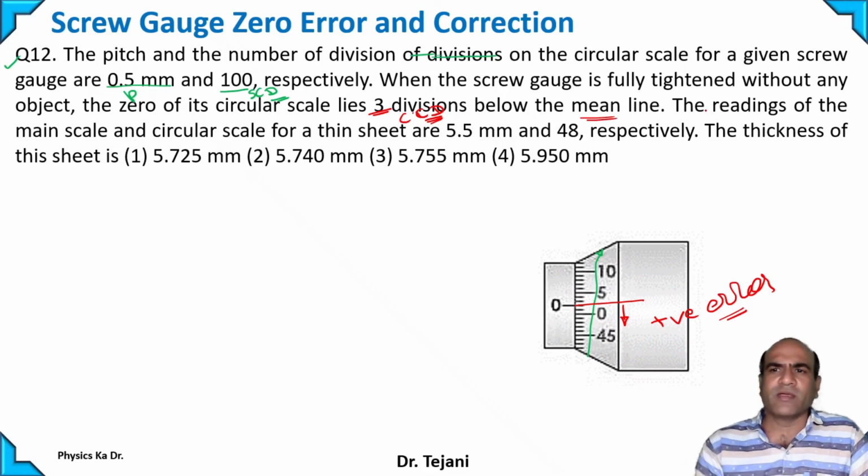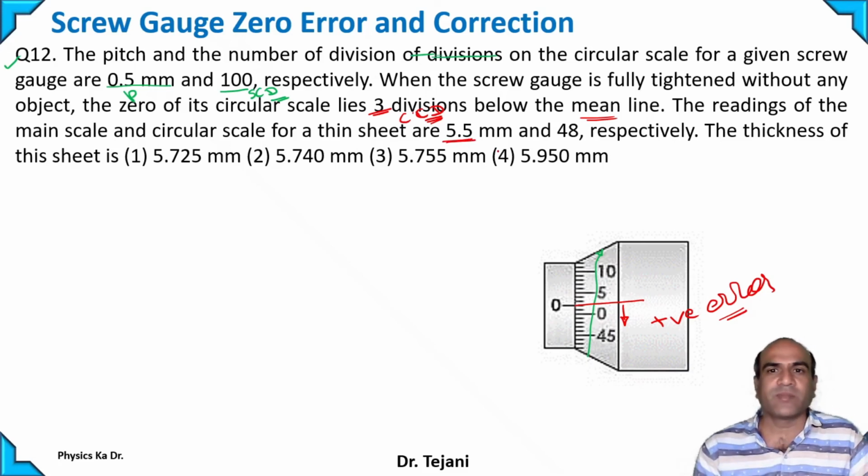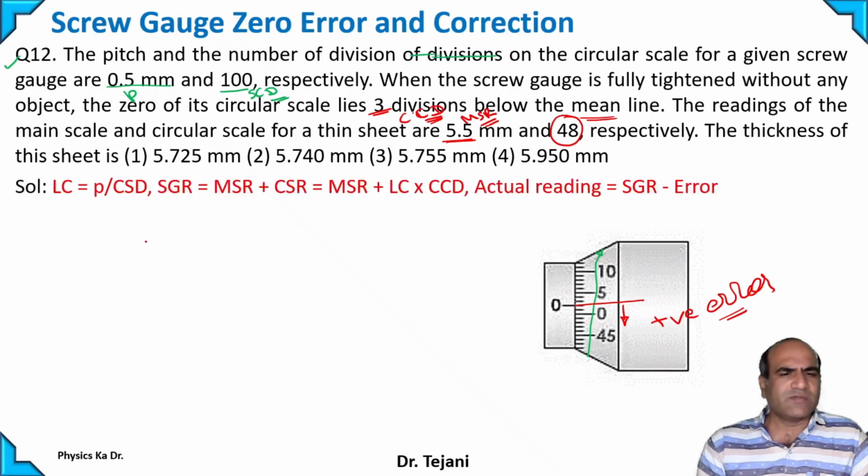For the main line, the reading of the main scale and the circular scale of the thin sheet is 5.5 millimeter, that is the main scale reading, and the division which coincides is 48. Options are given here.